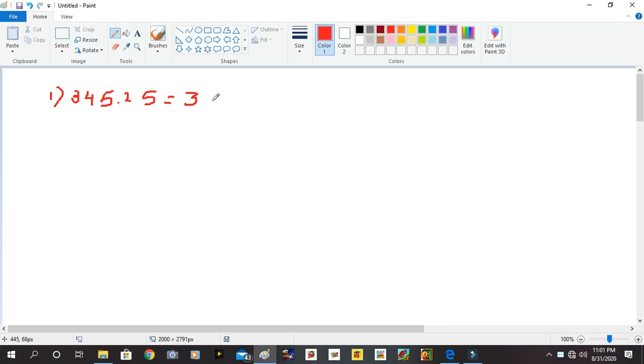So I can say 3.4525. Before that, you have already shifted the decimal point by 2 digits, right? 1 and 2 digits. So its power will be into 10 to the power 2. So in this calculation, the order of magnitude will be 10 raised to 2.